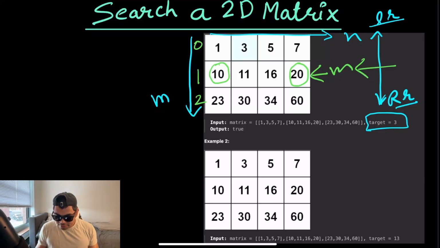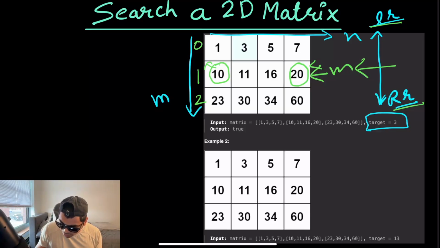If it is not, then I'll check if it is lesser than 10 or greater than 10, and based on that I will shift my left row pointer and right row pointer. Once I find out which row my target is in, then, in this case, you'll see that target 3 is not between 10 and 20, it's less than 10.